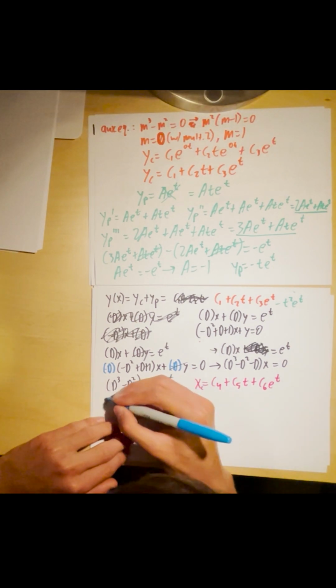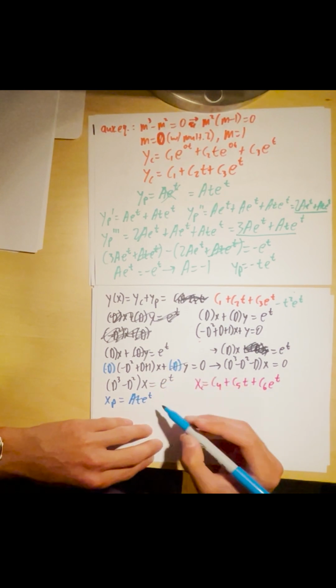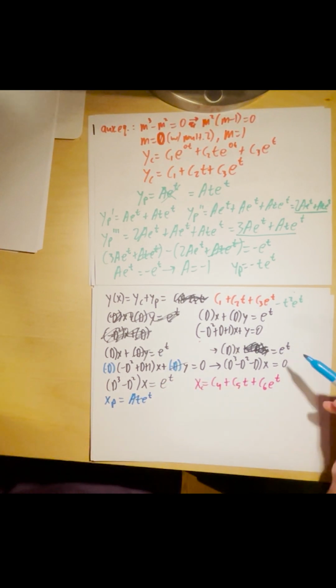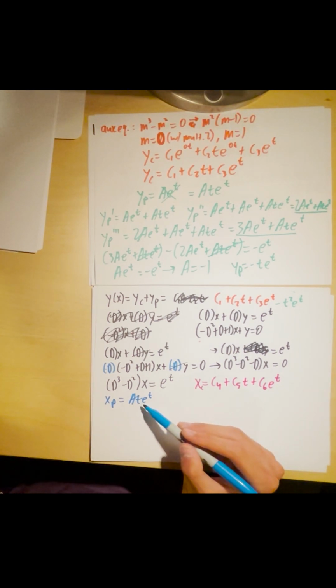Now we'll have an xp, which is also going to be e to the t, because when we examine this, we see it's e to the t, and we know we have an e to the t term already, so we're going to put a t in front of it.